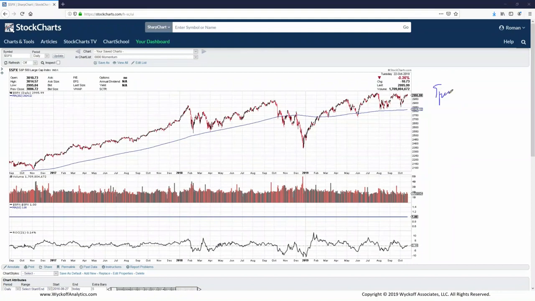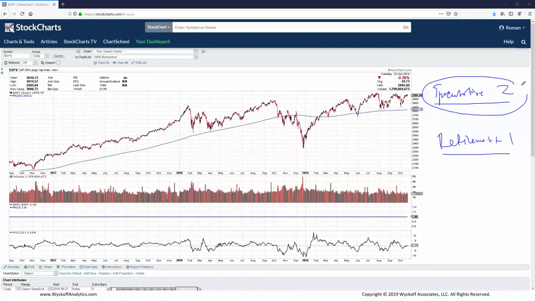I have speculative accounts. I have two of those. And I have a retirement account, one of those. So speculative accounts have different strategies behind them. And the goal here is aggressive growth.